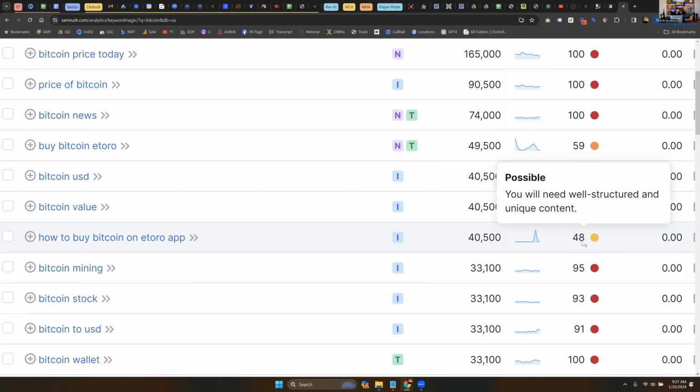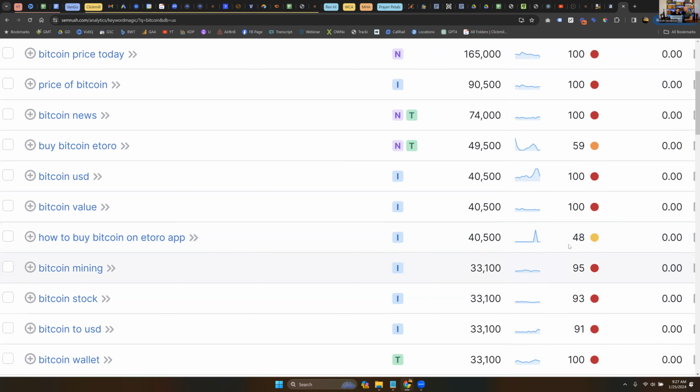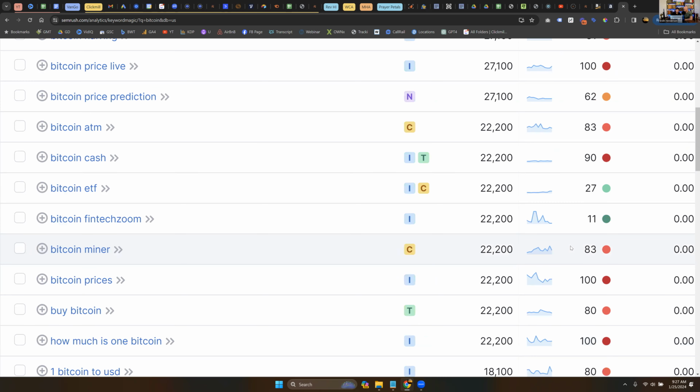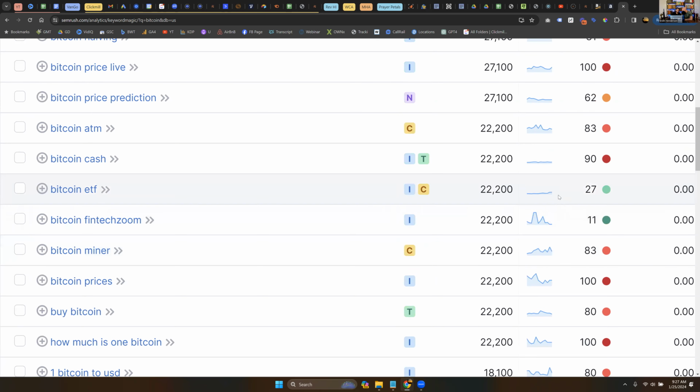This is still a pretty powerful website at 48, but people can start slipping in here. But you'll notice as you go down further with lower and lower search volumes, here you go, 22,000 Bitcoin ETF, 22,000 Bitcoin fintech Zoom, whatever that means.